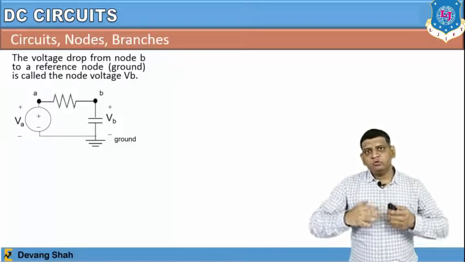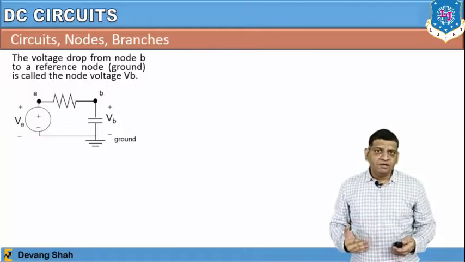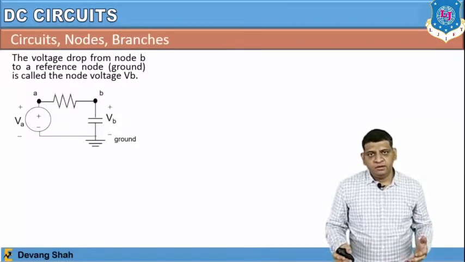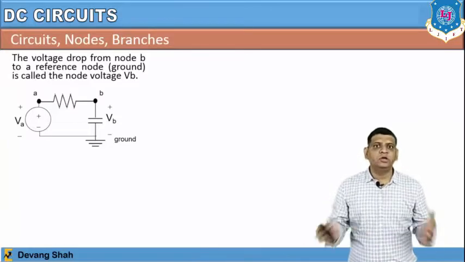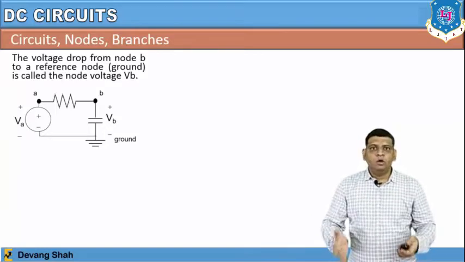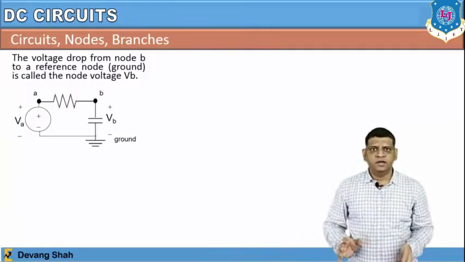Whatever voltage drop you get there is called the node voltage. Why is this very important? Because whenever you take a circuit, at any point where you want to find the voltage drop at that particular point or branch, you can find all the voltage drops with respect to ground. So this is one of the terminologies in circuit design.